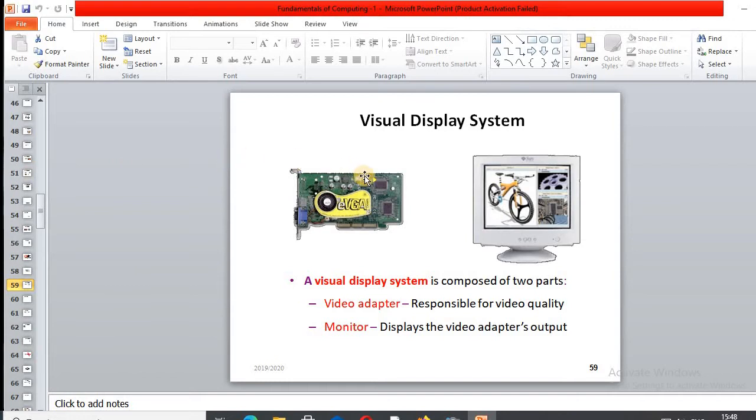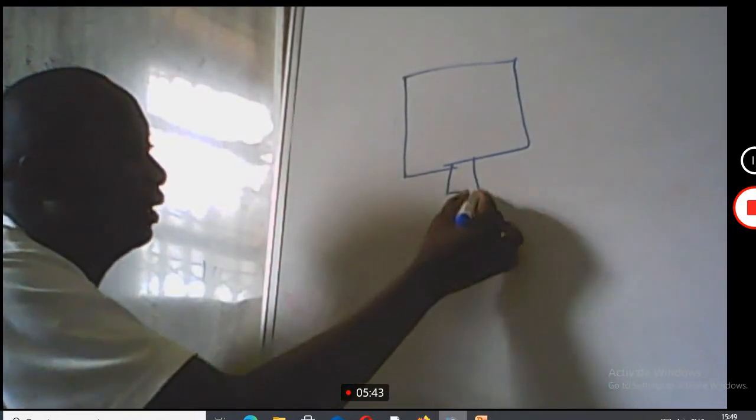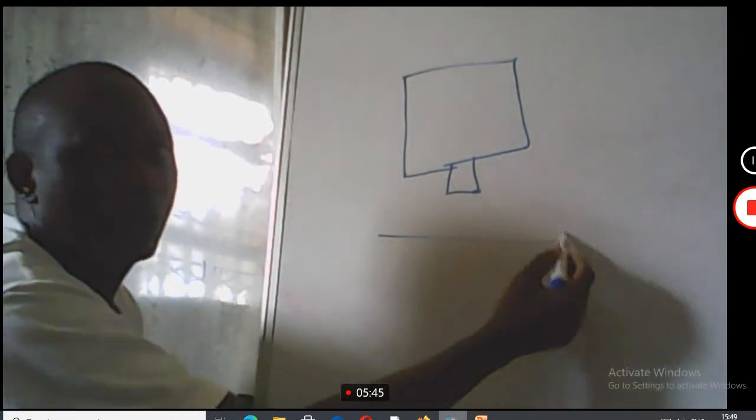So this is what I call the VGA card that I always put into the computer, and then the VGA cable connects to the monitor. This is what I'm trying to say: if I have my monitor here, is it okay? And now I have my computer here.